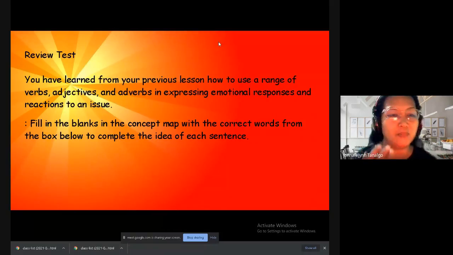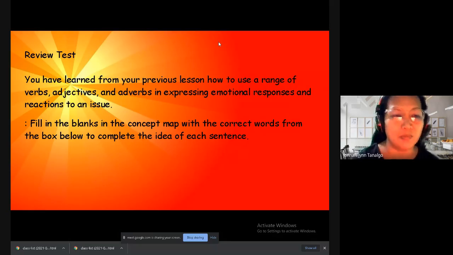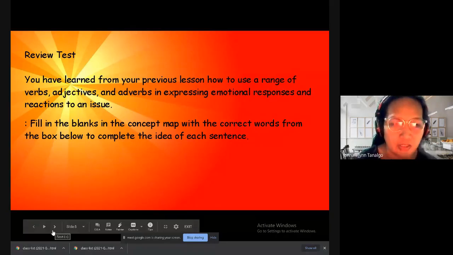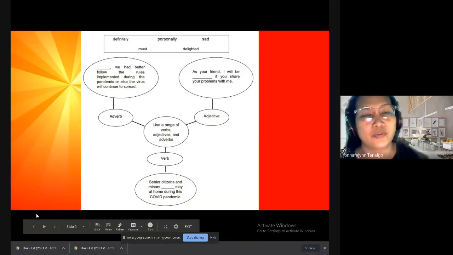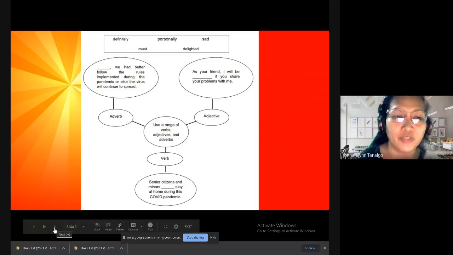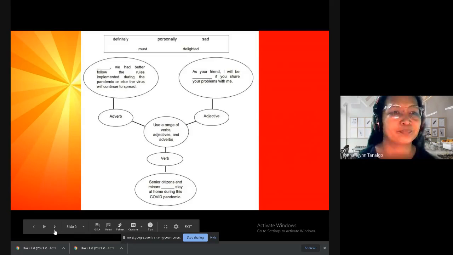I will be giving a concept map wherein you fill in the blanks with the correct words from the box below to complete the idea of each sentence. Again, it can be found on your Google Classroom, Google Docs. So this is the review test.